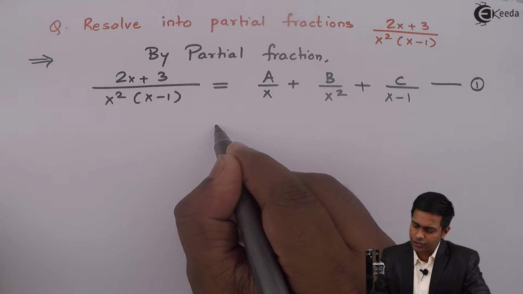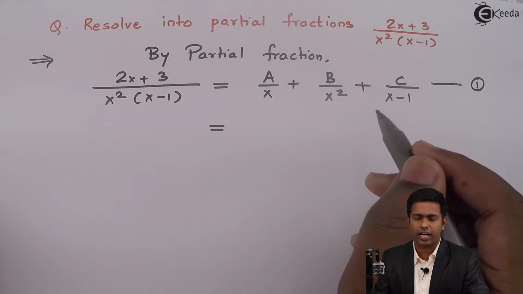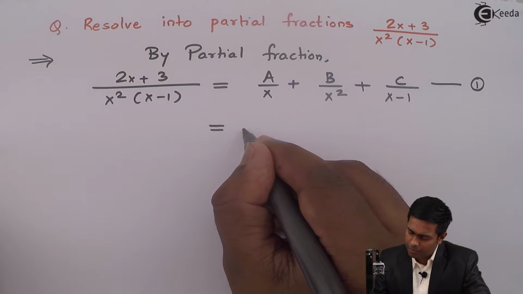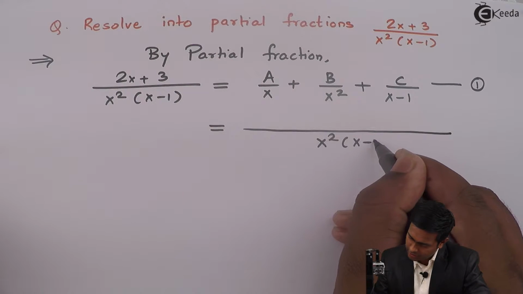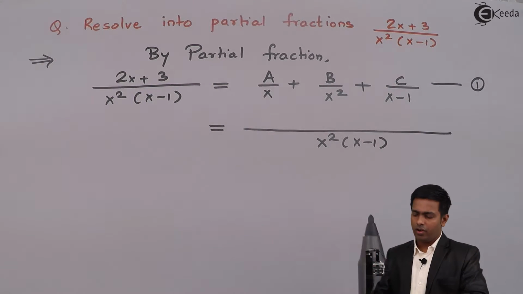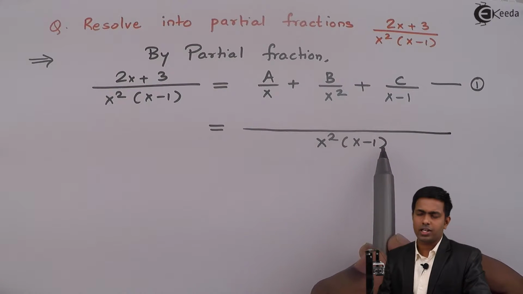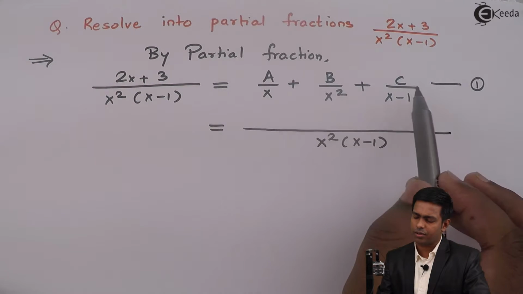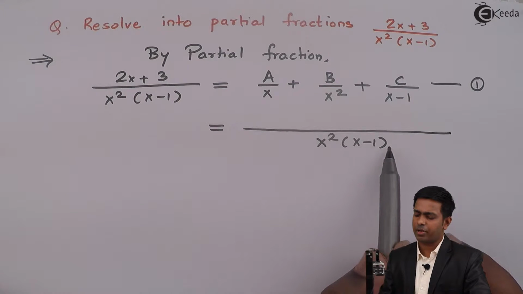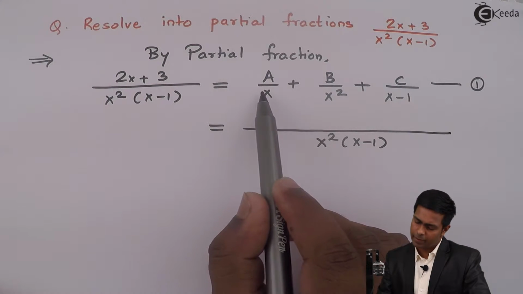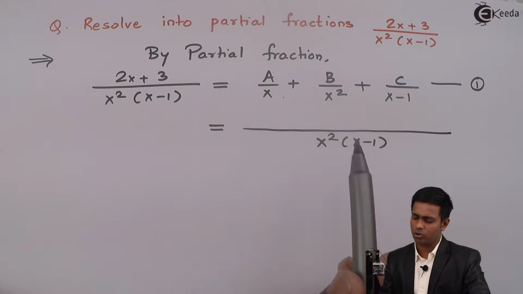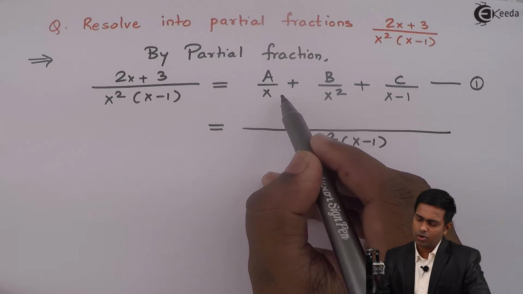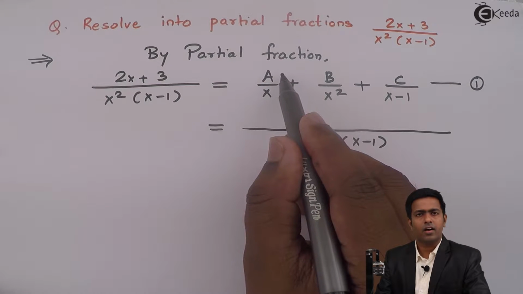For that, first of all I will find the LCM on the right hand side. So the LCM of the right hand side is x square into (x minus 1). Now we will bring x square into (x minus 1) in the denominator of all three terms. To bring it in the first term, we have to multiply x with one more x and x minus 1, so we multiply the numerator with the same term.